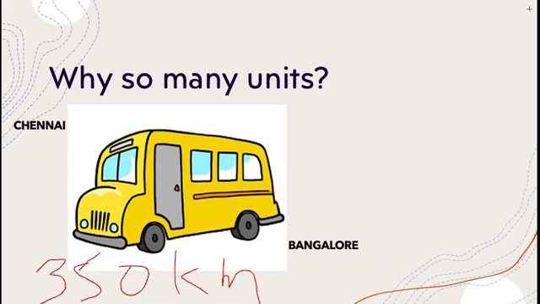Since we have expressed it in kilometers, a bigger unit, it is used to measure long distances. The distance between two cities or between two countries is expressed in bigger units like kilometer, which is the biggest among the units we have discussed.